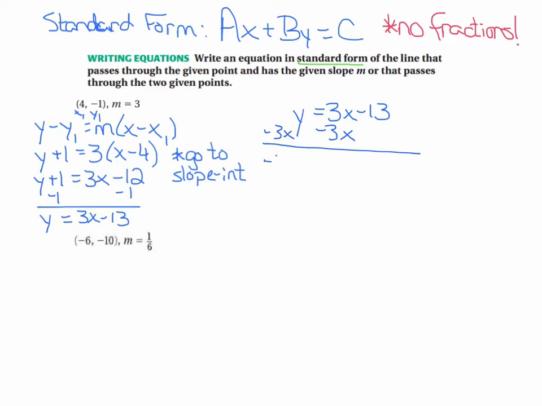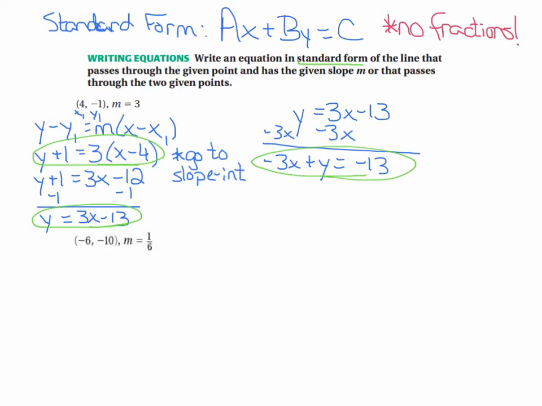Those are not like terms, so I'm going to say minus 3x plus y equals, the 3x minus 3x went away, minus 13. I've got a number times x plus a number times y equals a number. This is standard form, okay? This is standard form. I don't have any fractions. I'm good. So in one problem, I have point slope form, slope-intercept form, standard form, and they all represent the same line.